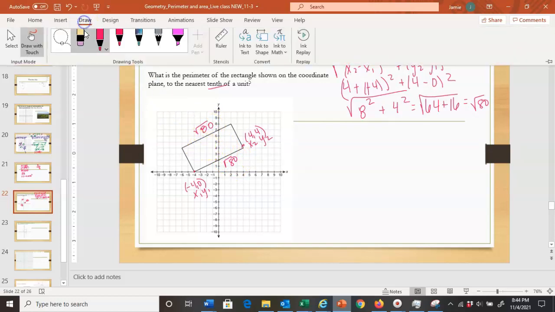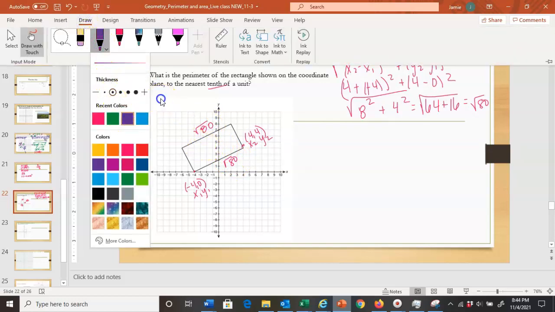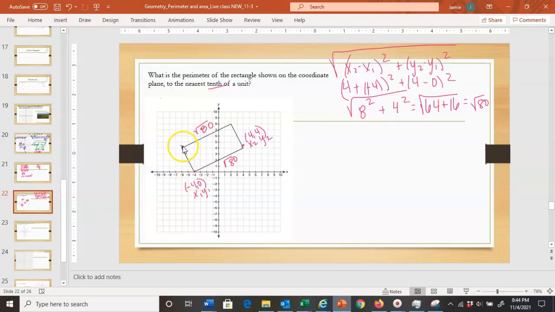Now let's find the shorter side. I'm going to grab a different color. We can go to here if you want. It doesn't really matter whichever side. So this is -6, 4. And since I labeled this X1, Y1, I'm going to call this my new X2, Y2, just to keep it straight. All right, so -6 minus -4.